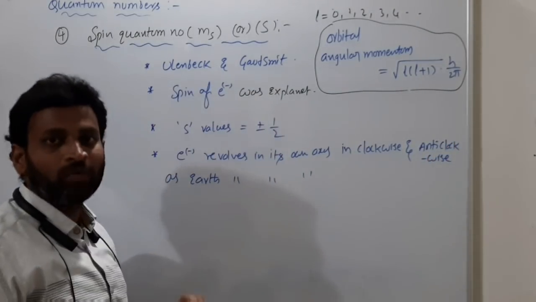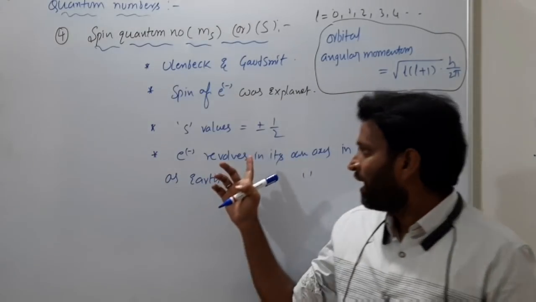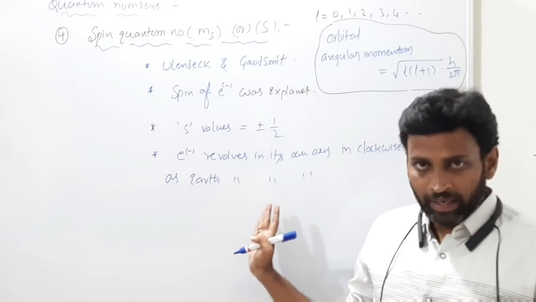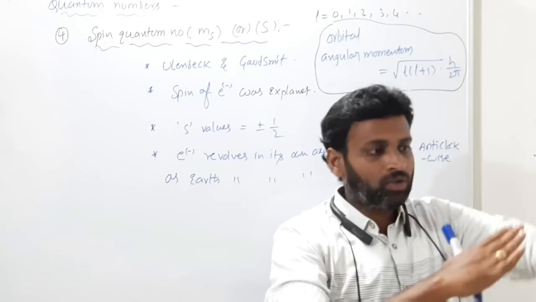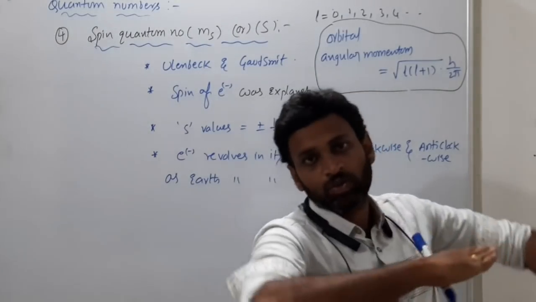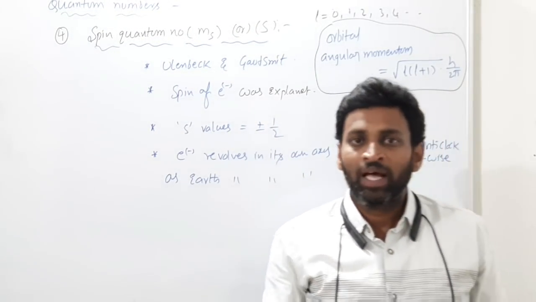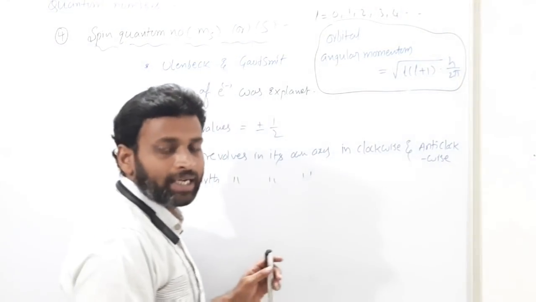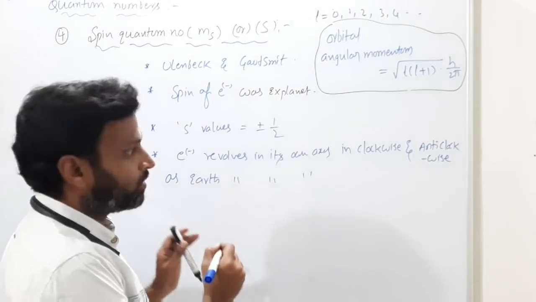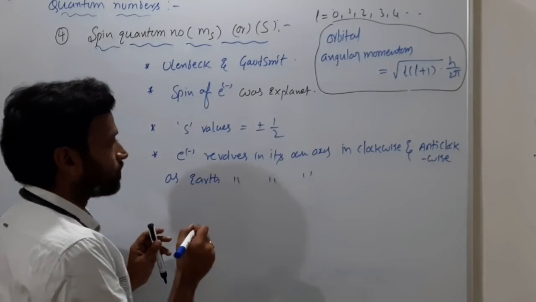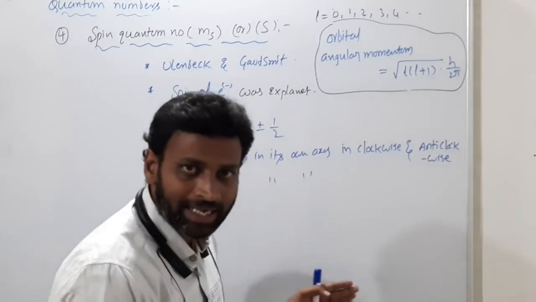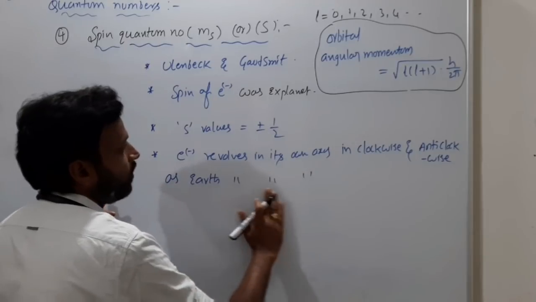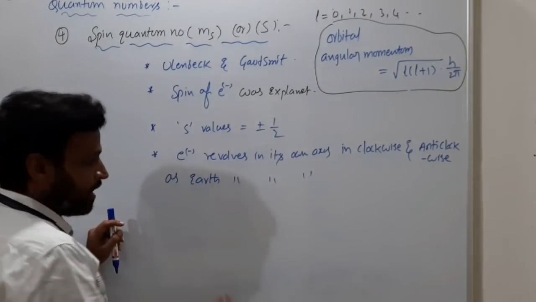This point you must write, everyone. Clockwise means like a clock: left to right is clockwise direction, right to left is anti-clockwise direction. So the electron is revolving around the nucleus and on its own axis in clockwise as well as anti-clockwise direction, as the Earth revolves on its own axis.